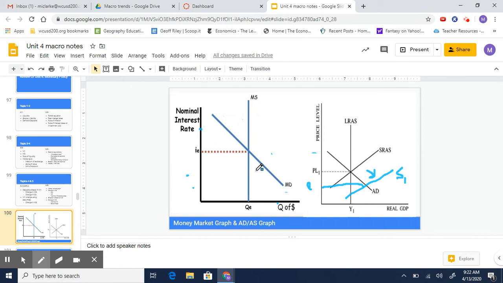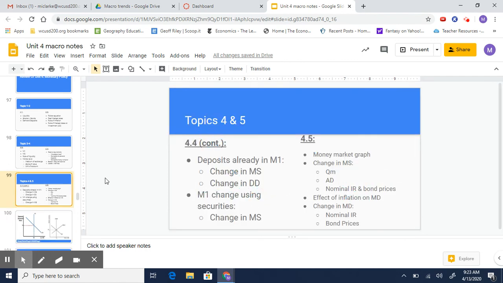You can fill up your tank for a lot cheaper than what you could a month ago. So you need to hold less money. So the demand for money decreases. Okay? And look at the effect on interest rates. Interest rates fall.